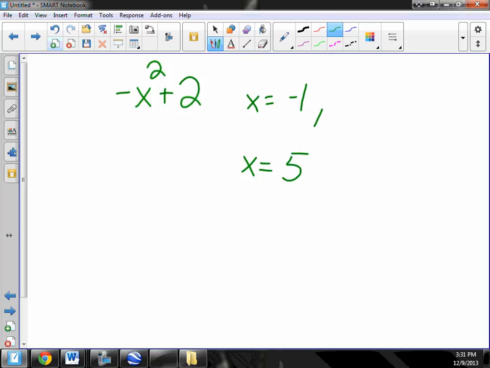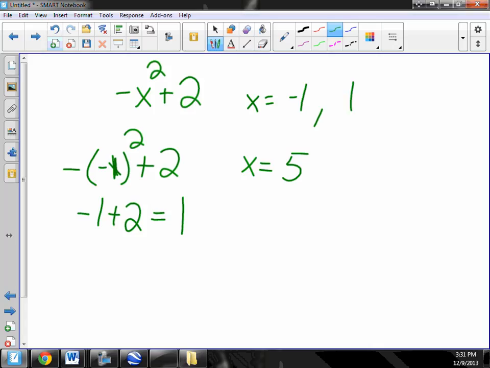Okay, so I need my y values. What is the opposite of negative 1 squared plus 2? Well, negative 1 squared is 1, and the opposite of 1 is negative 1, so negative 1 plus 2 is 1. So negative 1 comma 1 is my first point. For my second point, I plug in 5. What's the opposite of 5 squared plus 2? 5 squared is 25.